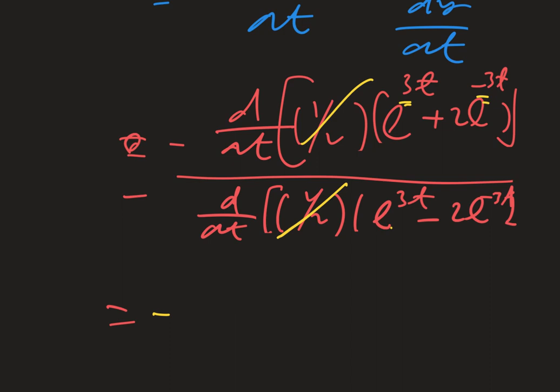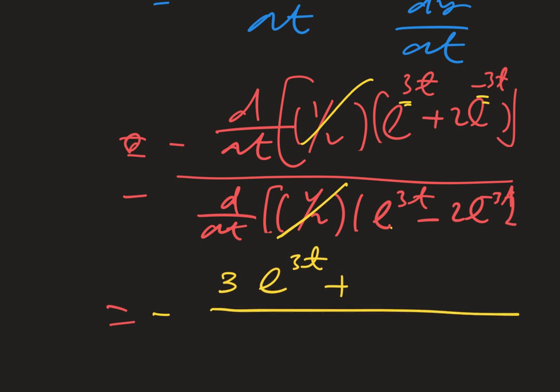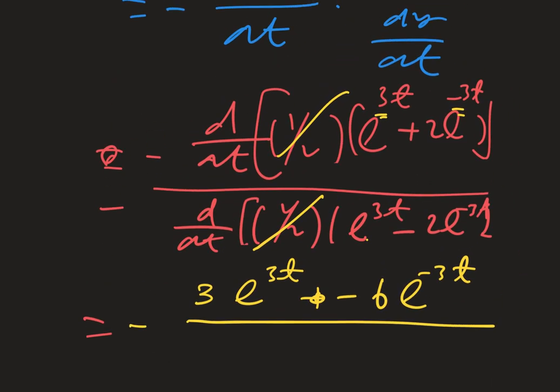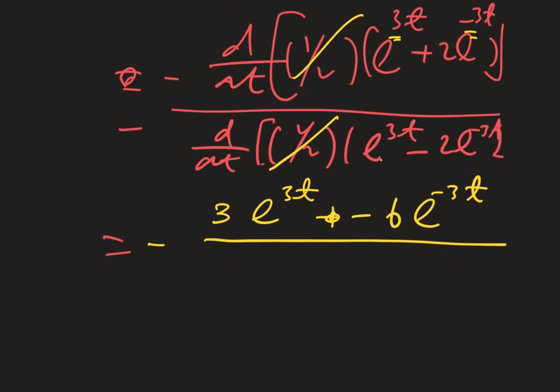This becomes 3e^(3t) plus or minus 6e^(-3t), because of the 3t, you can do that. Because it's a plus here, when you differentiate this it becomes 3 minus. So you need to revise your O-level A math. So minus 2e^(-3t), minus minus becomes plus.